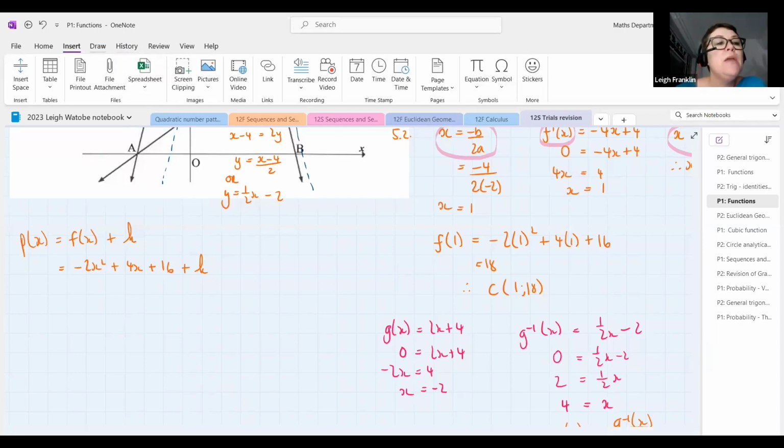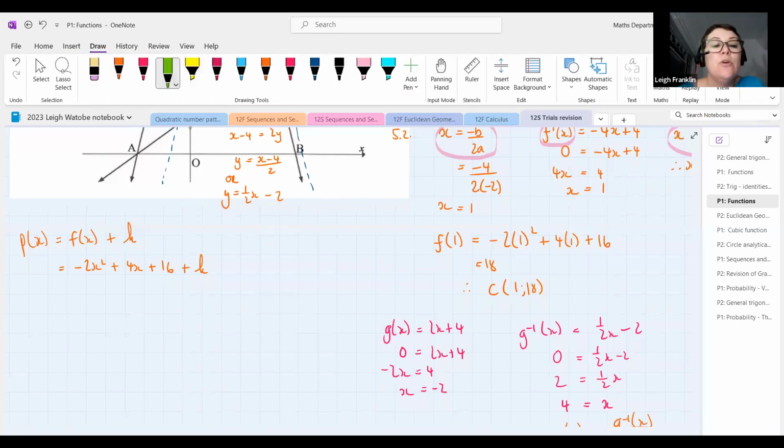So that's what they mean when they say do not intersect. They're talking about non-real roots, in which case delta will be negative. So in other words, b squared minus 4ac has to be smaller than 0.